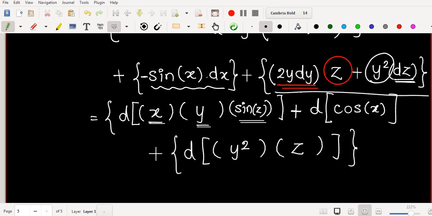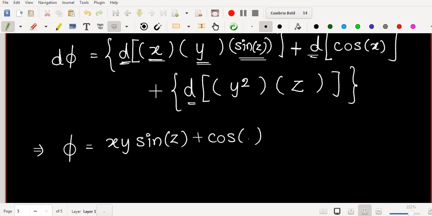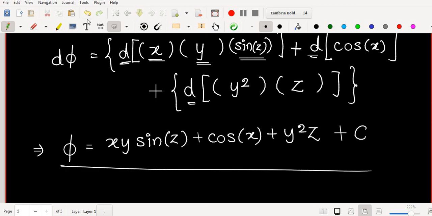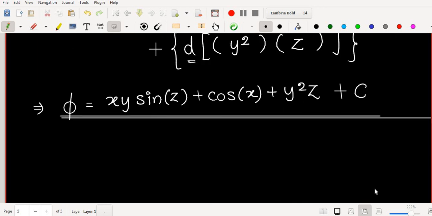So this bracket is nothing but derivative of product of y square and z, and left hand side is d phi. So if you integrate both sides, we get phi is equal to xy into sin z plus cos x plus y square z plus c, where c is the constant of integration. So this will be the required scalar potential associated with the irrotational vector field.